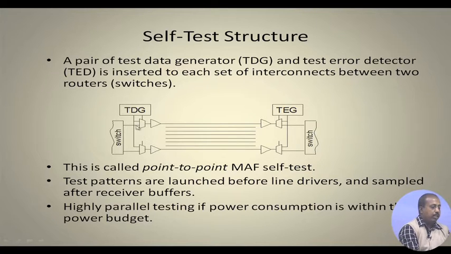But in the test mode, this test data generator will generate some test data and that will come to this line. This way, this pair of TDG and TEG can be used for applying the test pattern to the links. This is called a point to point maximum aggressor fault self test structure.